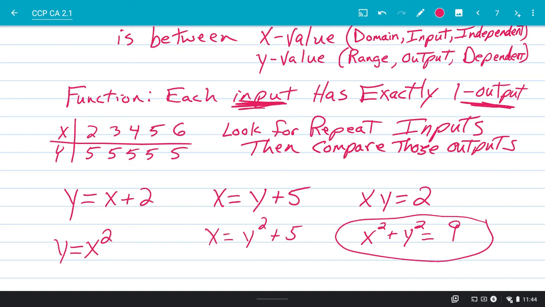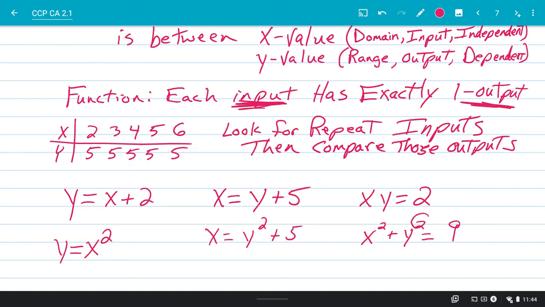We just did this. What is it? It's the circle. And a circle is not a function. I mean, it's a relation, but it doesn't pass the vertical line test, because each input has more than one output. Therefore, it's not a function.